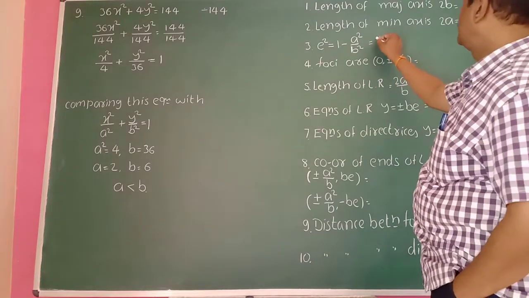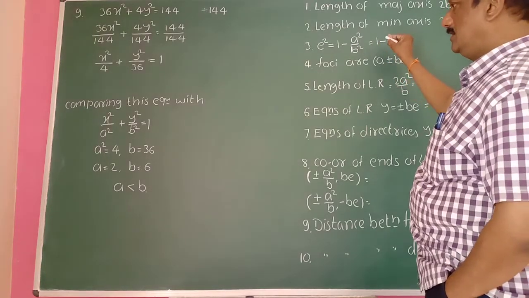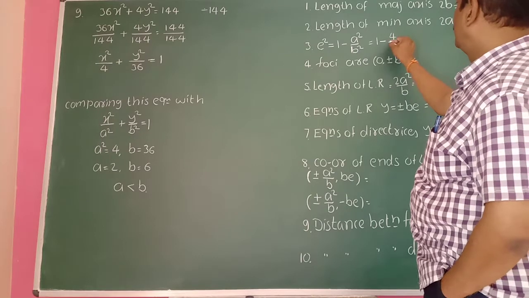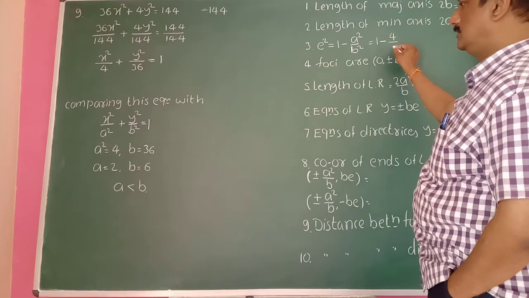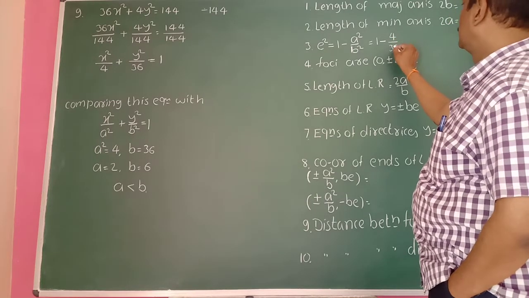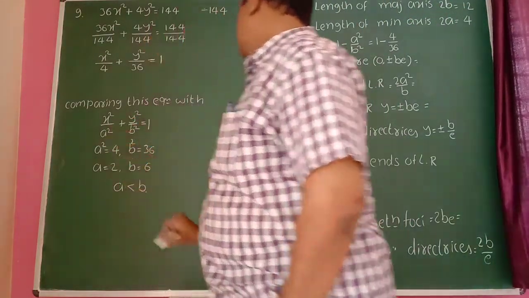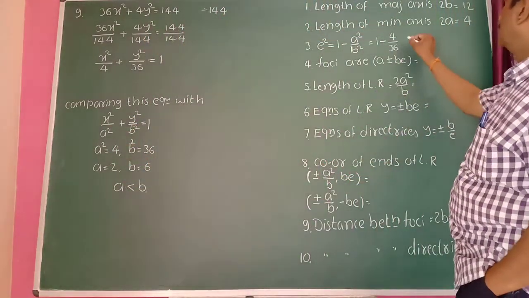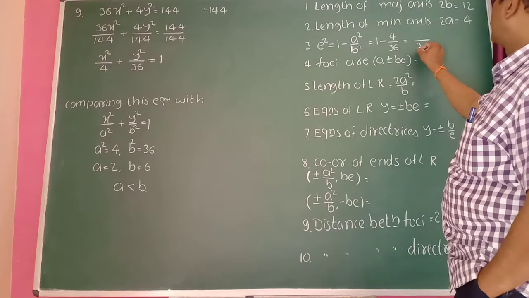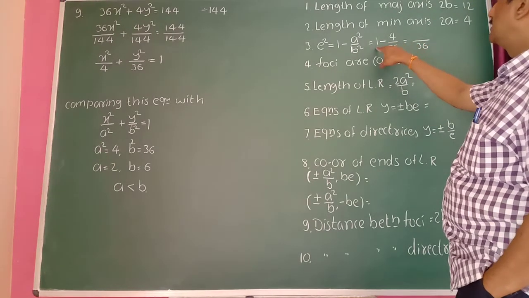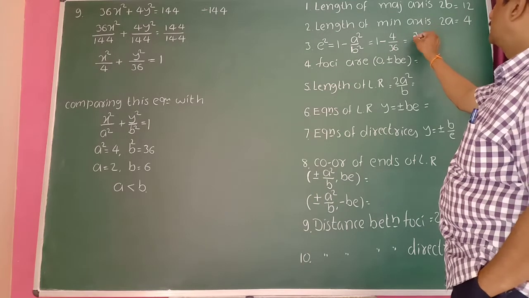Then the eccentricity is given by the square root of 1 minus a² divided by b², that is 1 minus 4 divided by 36. Taking the LCM 36, we get 36 minus 4, which becomes 32.